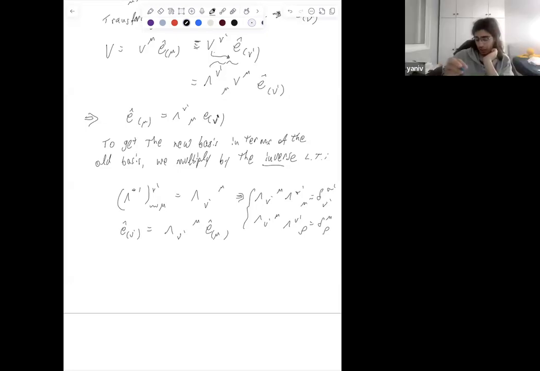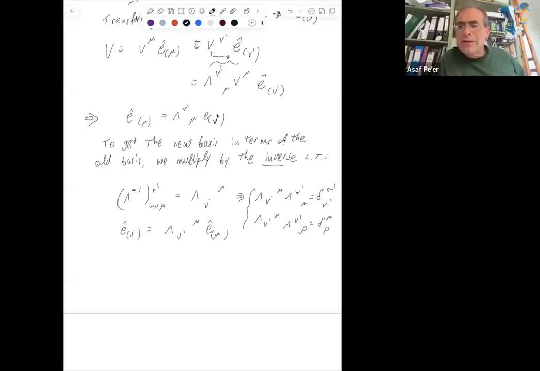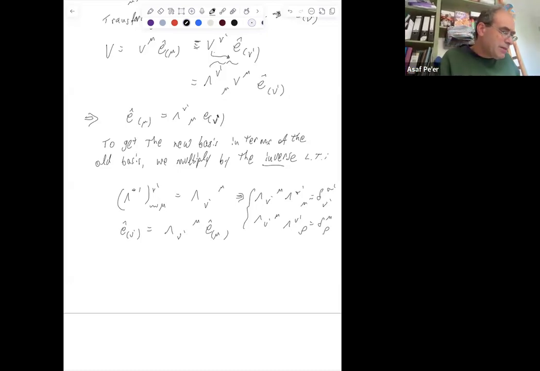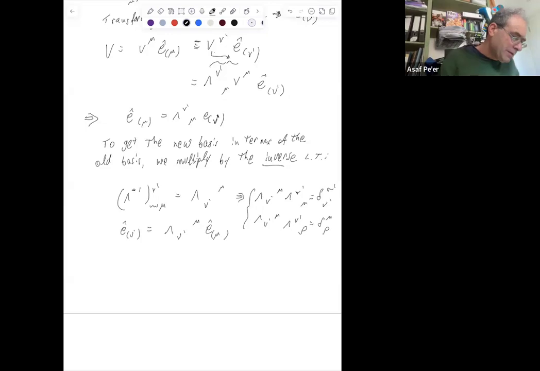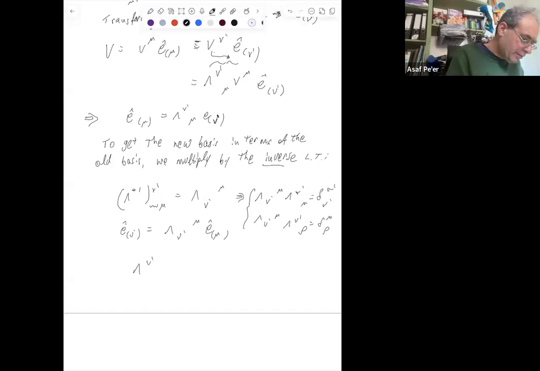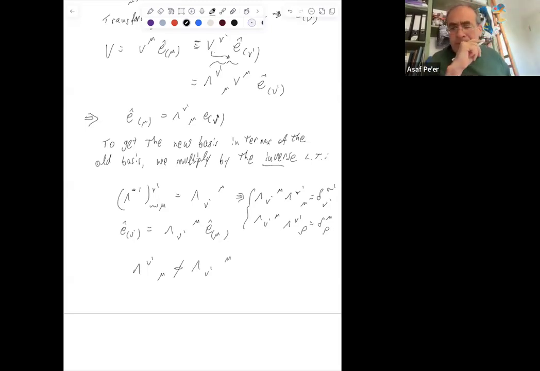Why do we care about the spaces? It will get clearer and clearer. It's crucially important. Well, right now you can see that, right? If I'm writing down lambda nu prime mu, it is not the same as lambda nu prime mu with the indices in the other positions, right? They are the inverse of each other.